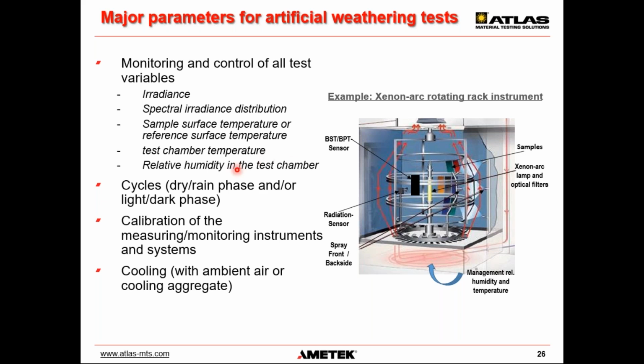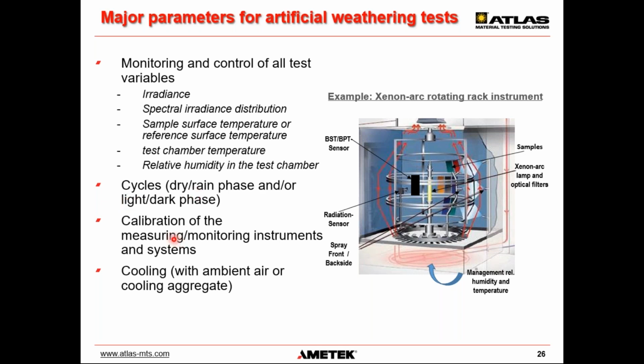The next key variables that you should look at is a cycle, whether it's a dry only cycle or whether you have a spray cycle, and whether you're utilizing light only cycles or light and dark cycles.